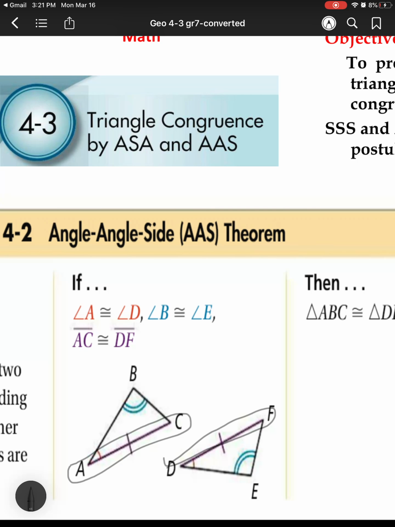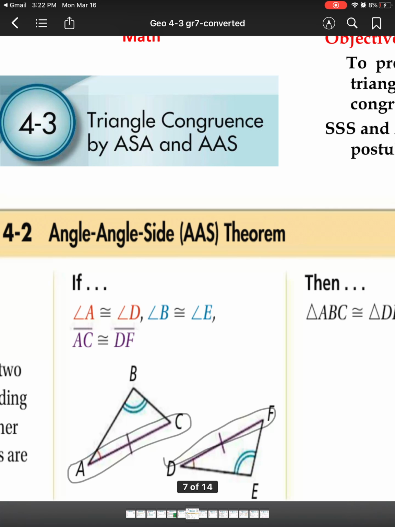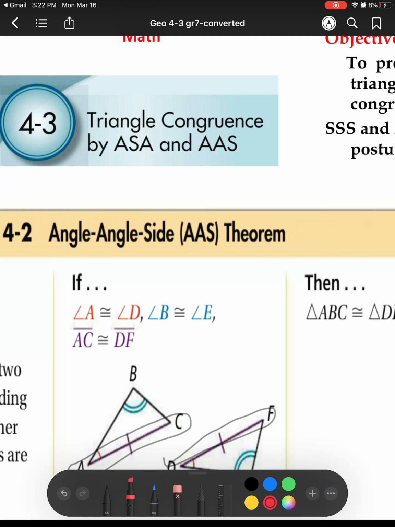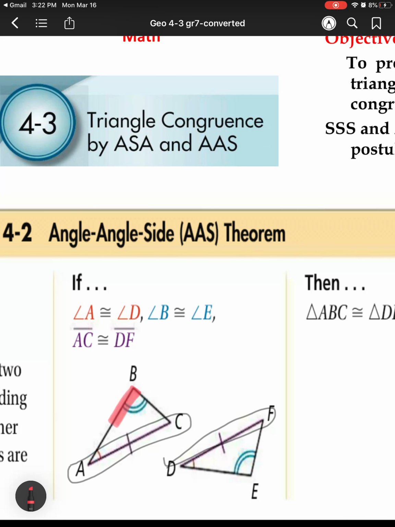Then angle A is congruent to angle D, and angle B is congruent to angle E. This means the angles should be connected to each other.